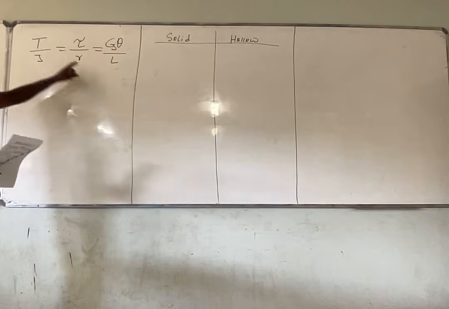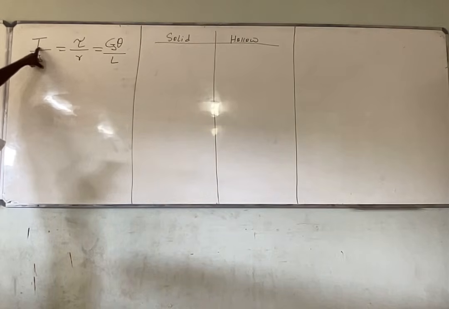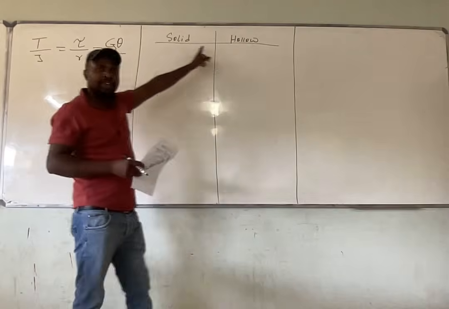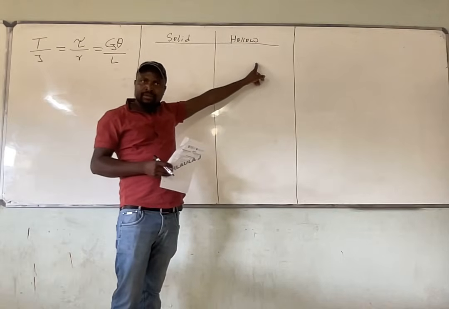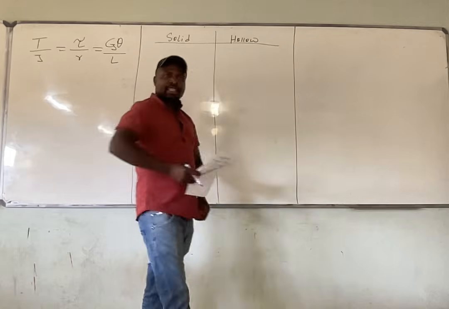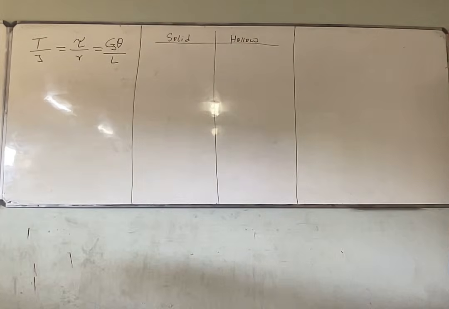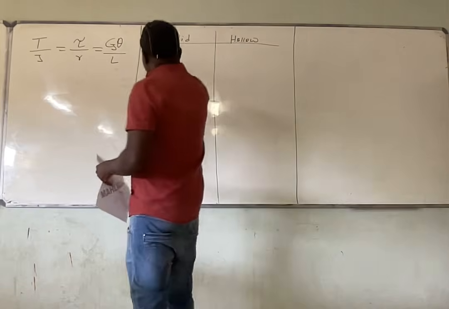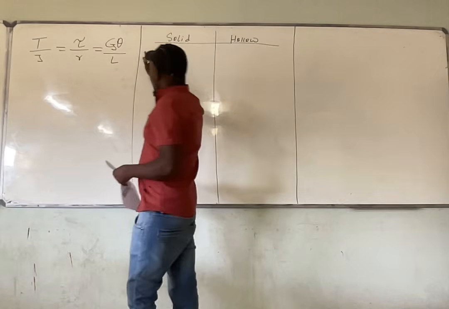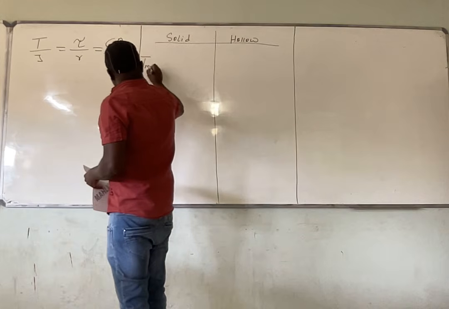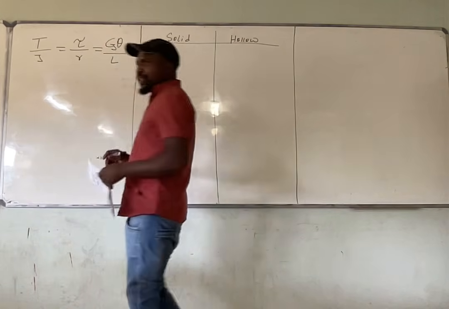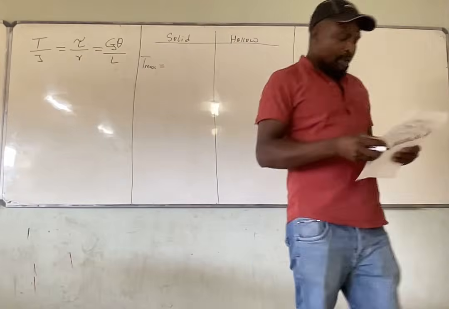Meaning for you to know the Tmax, you need to know which shaft you are talking about, because the shaft which is transmitting the power can be hollow or solid. So let us check under a solid. When a shaft is solid, how will you calculate Tmax?